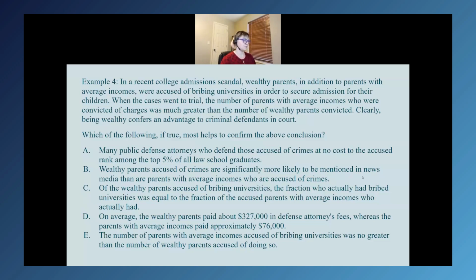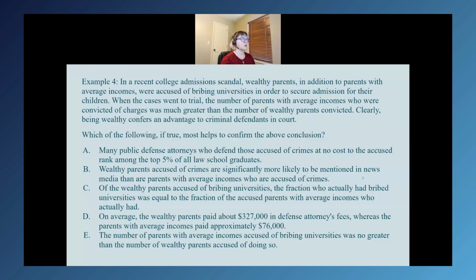C, of the wealthy parents accused of bribing universities, the fraction who had actually bribed universities was equal to the fraction of the accused parents with average incomes who actually had. So, what this is saying is in these two groups, the fraction of people who actually bribed the universities was the same in each.